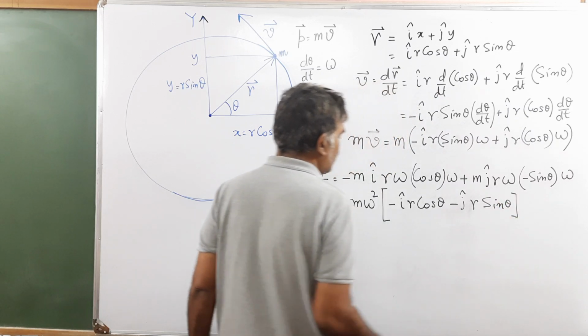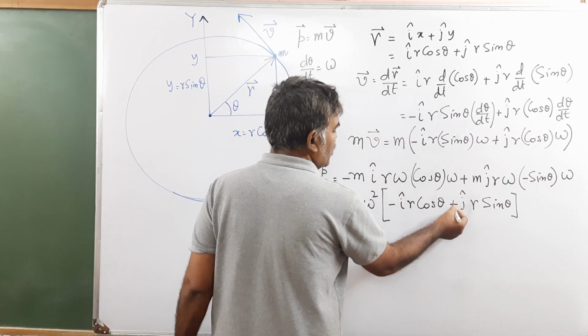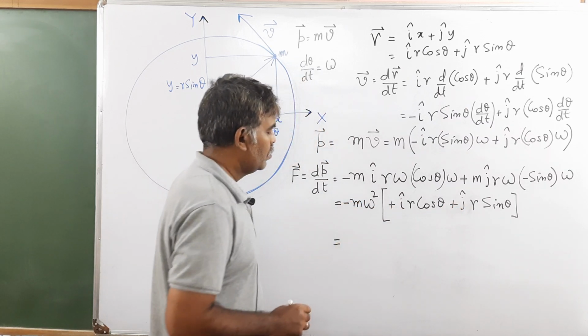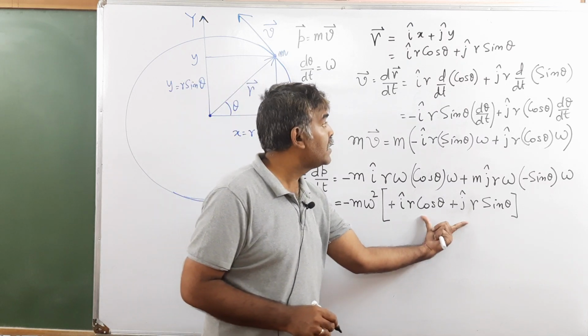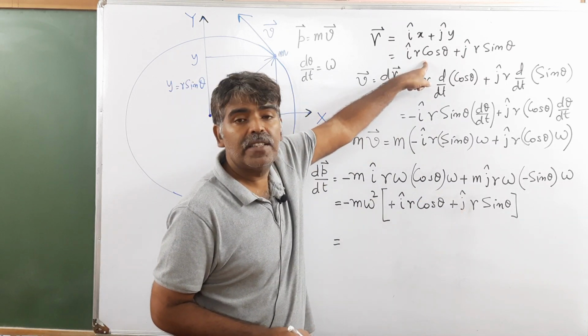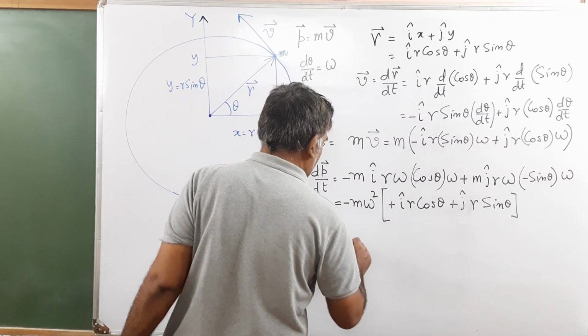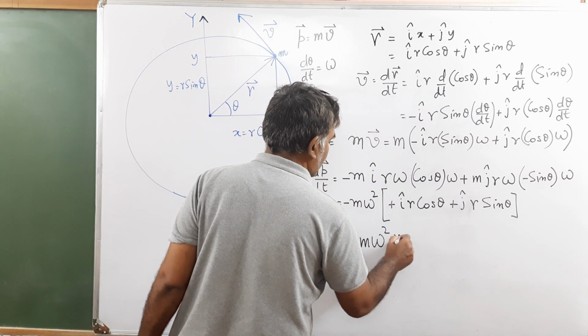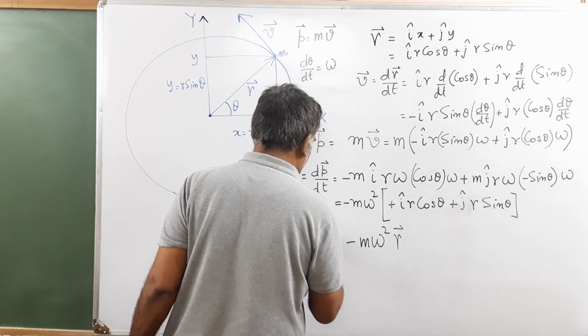Now you can easily take this minus common and take it out. Now what is this? This is r itself, so r is coming back. So minus m omega square r vector. This is the force.